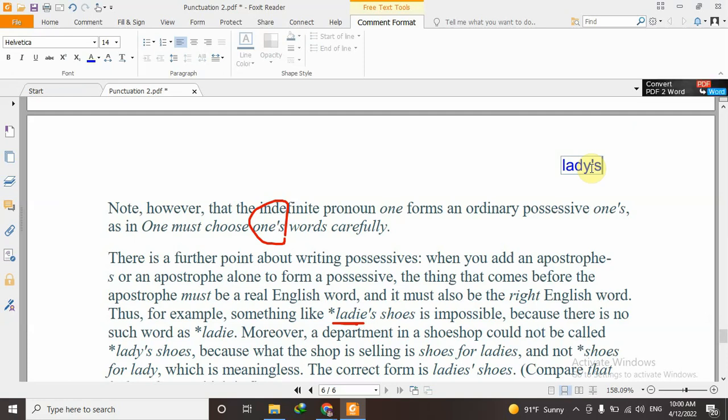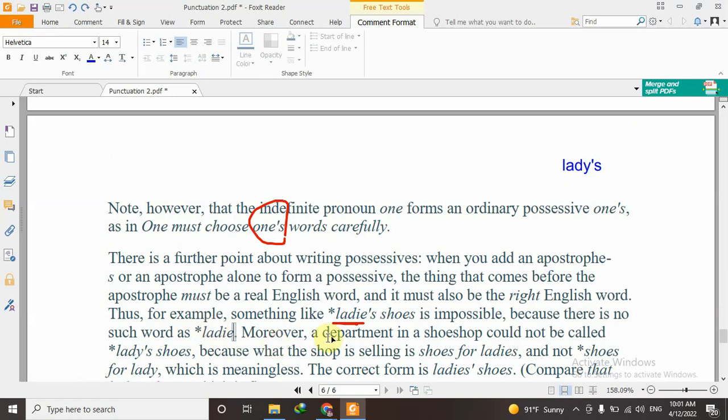Let's take it one by one. For example, something like ladies' shoes is impossible because there is no such word as lady in English. As a spelling, there is no word lady. If we make it lady, we must put after it plural s. If we want to make the word lady plural, we have to write plural s. So there is a word like ladies, just like this one, but there is no word like lady.